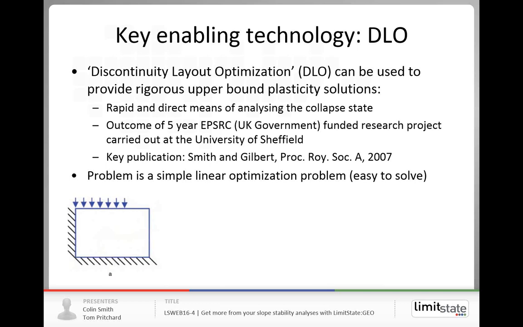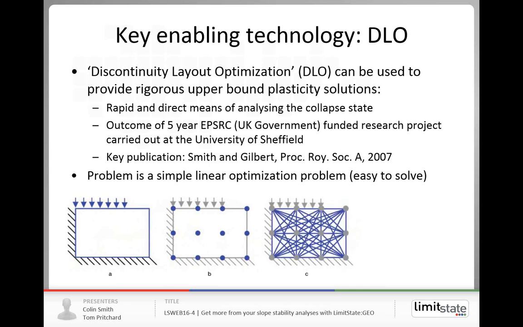So here we have a very simple problem of a rectangular block of soil with a load on the top and supports to the left and the bottom. Instead of populating the domain with elements, as in the finite element method, we populate the domain with nodes. Here, we've just got 4 by 3 nodes, that's 12 nodes.